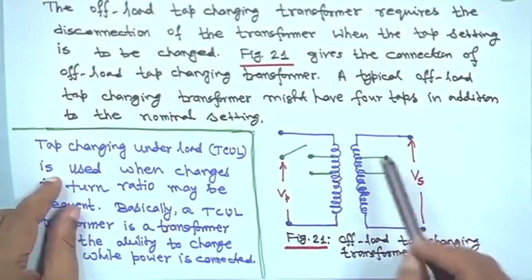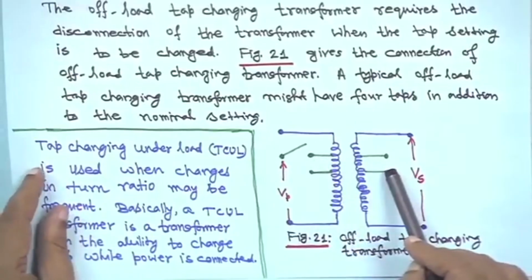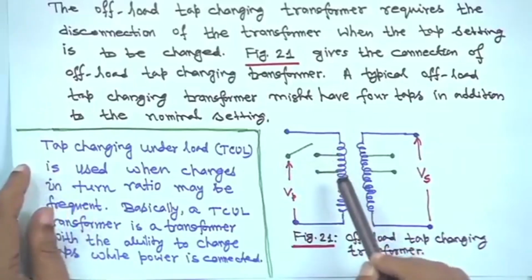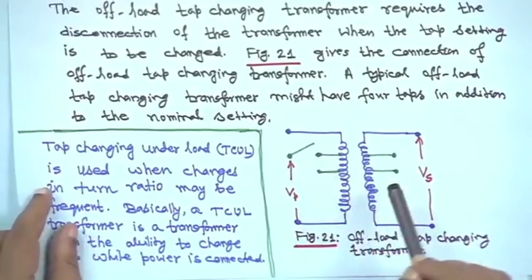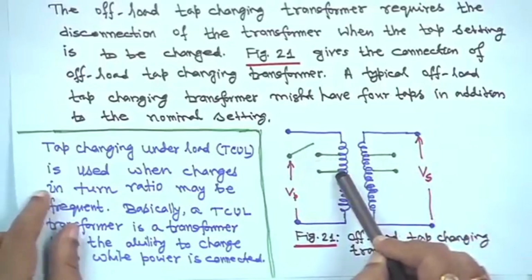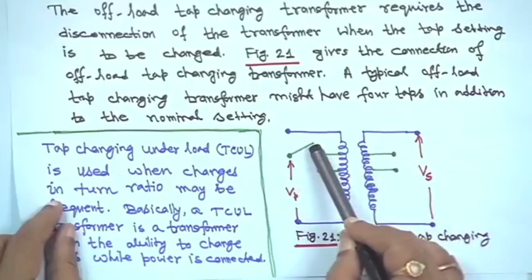In this case there are 4 taps, 2 on this side and 2 on that side, and a switching mechanism. If you want to change the tap from this side to that side, there are 4 taps, that is why a switch is shown.